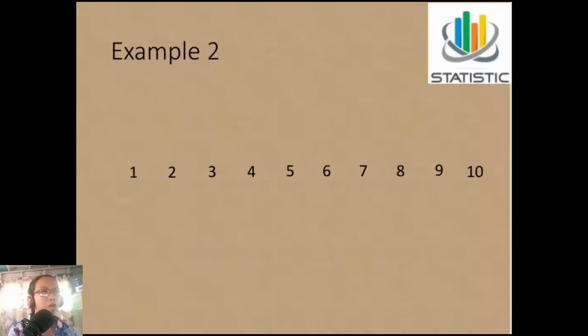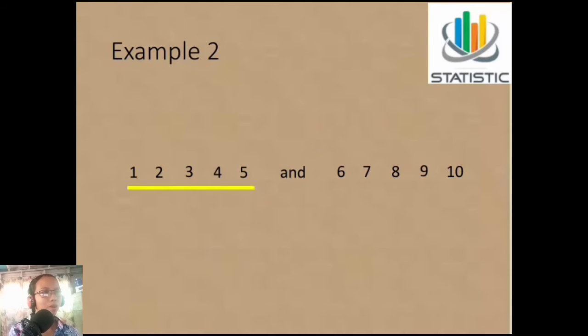Let's take another example. Given the values 1, 2, 3, 4, 5, 6, 7, 8, 9, 10. Here, the middle value is between two numbers. This leaves two sets, 1, 2, 3, 4, 5, and a set of 6, 7, 8, 9, 10.